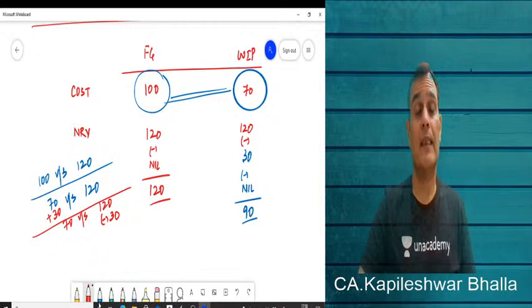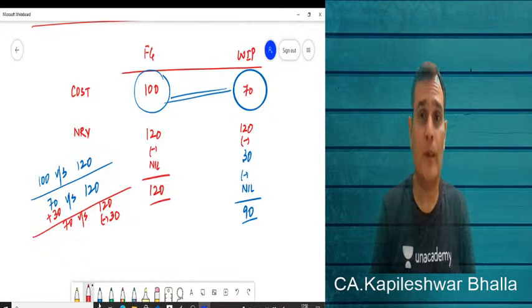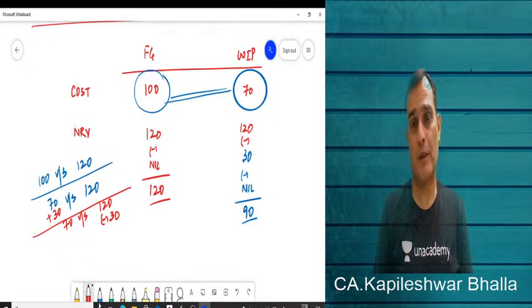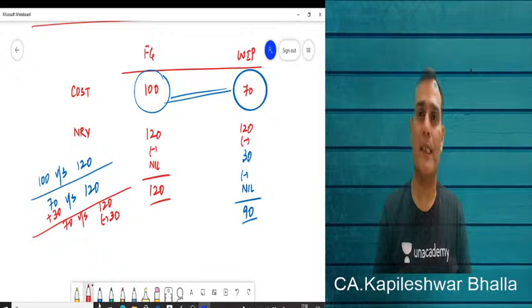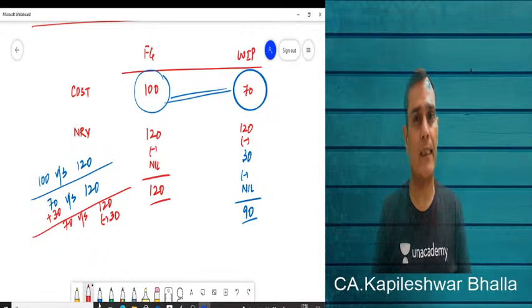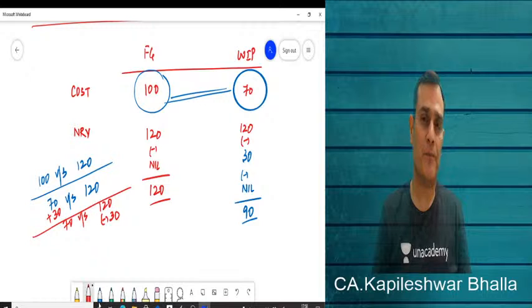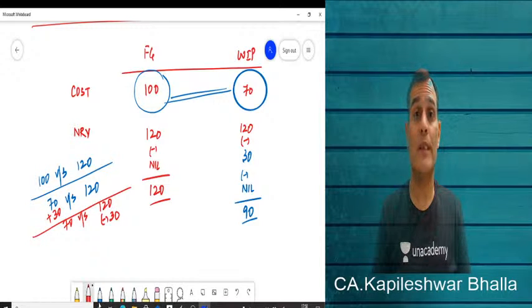Okay, so I guess I gave you a very brief introduction to Ind AS 2, and my focus today has been largely on two areas of Ind AS 2. One is we've spent good time understanding the definition of inventory, where I said that there are two aspects in the definition of inventory.